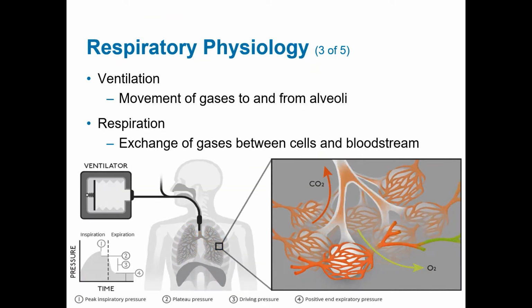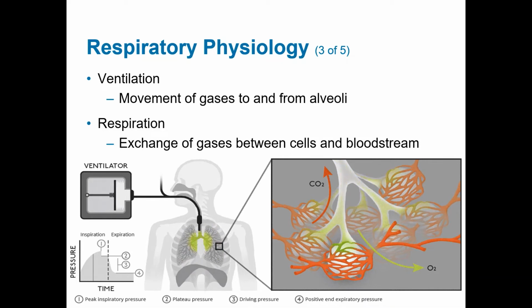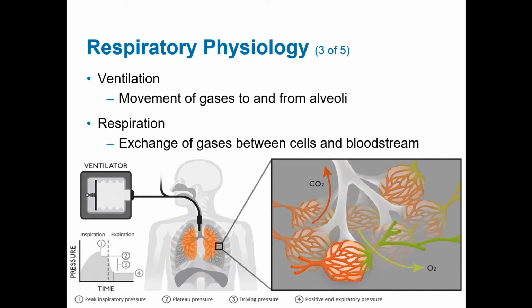Ventilation is the movement of gases to and from the alveoli. Respiration is the exchange of gases between cells and the bloodstream. So when we talk about ventilation, there are two different things, and sometimes you'll see these, and I'll refer to them as cellular respiration and just regular respiration.